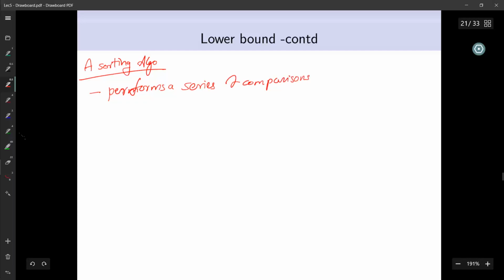It might modify the array, and we'll imagine that it can do any permissible operation, such as moving array elements. It can add, multiply if it wants, we don't really care.